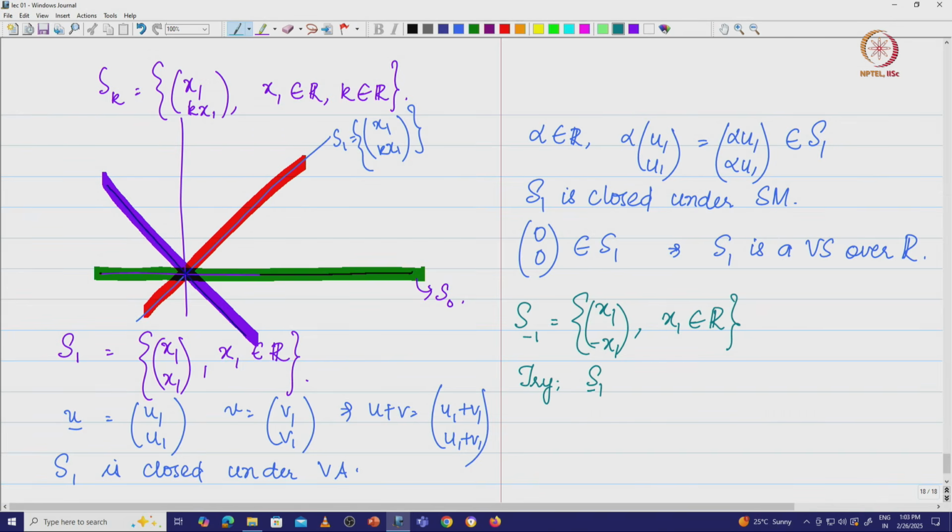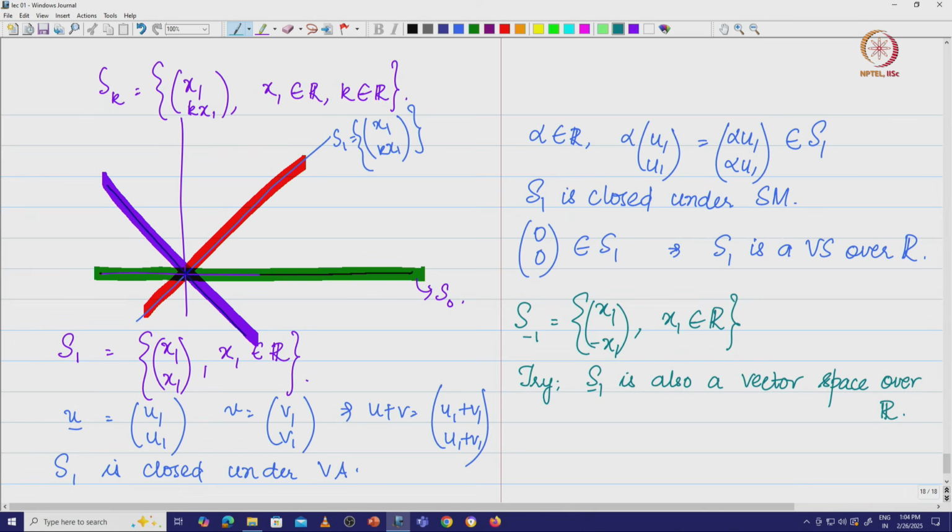S minus 1 is also a vector space over R. Similarly, you can do S2 where x1 comma 2 x1, S3 to be x1 comma 3 x1. You can do a whole lot of stuff, and you will see that the locus of all the points that you have along this x1 comma k x1 would always be a straight line passing through the origin.